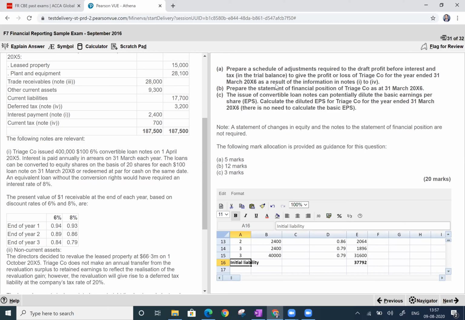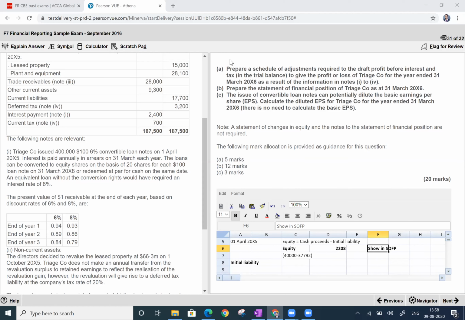How much is your initial liability? E16, 37,792. So this is 40,000 minus 37,792, which gives 2,208 equity. So just write here, show in SOFP. Done.